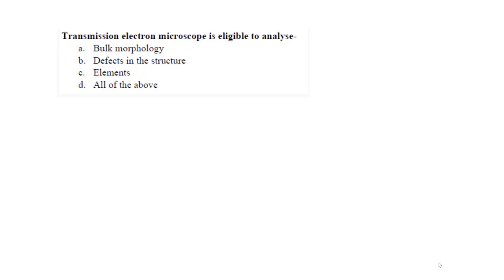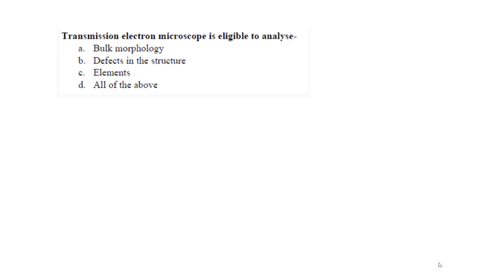So now coming to the question. A transmission electron microscope is eligible to analyze bulk morphology, or defects in the structure, or elements, or all of the above. So can anyone answer this question? Yes, all of the above.